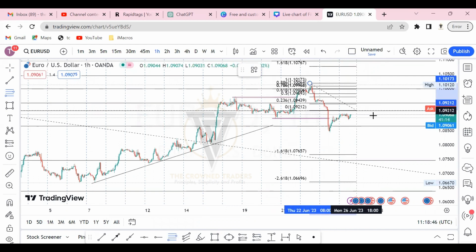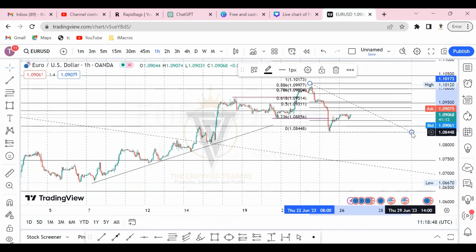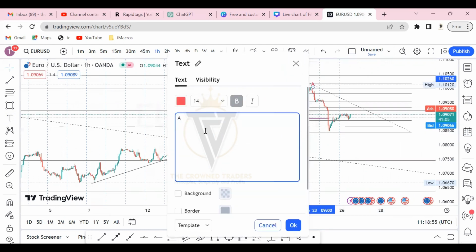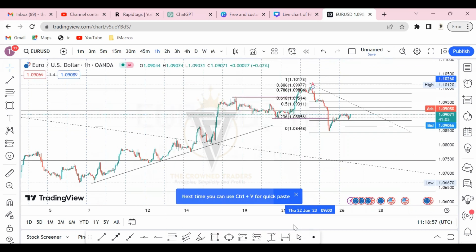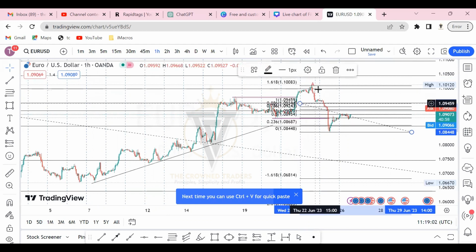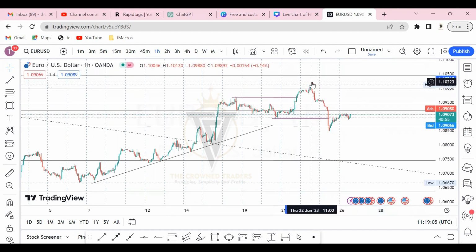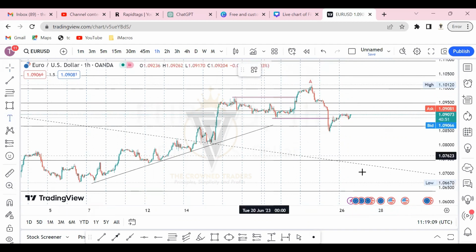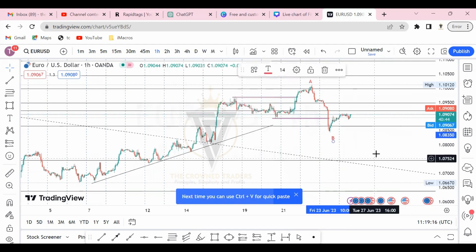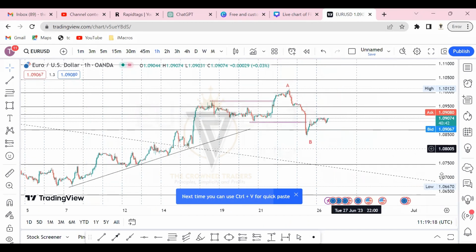I'll take this as my point A and this as point B. So here is marked as point A, and then here is marked as point B. So point C is unknown.